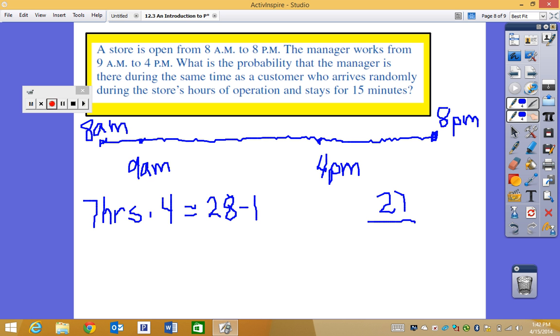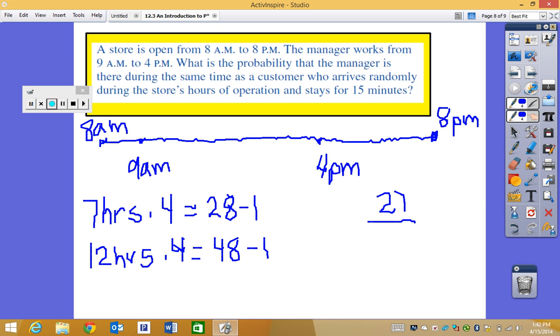Now we're going to take a look at how long the store is open. It's open from 8 a.m. to 8 p.m., which is 12 hours, and each hour has 4 slots of 15 minutes, so that gives us 48 different times. But we do want to subtract one from that because if it's for a 15-minute interval, the last one begins at 7:45.